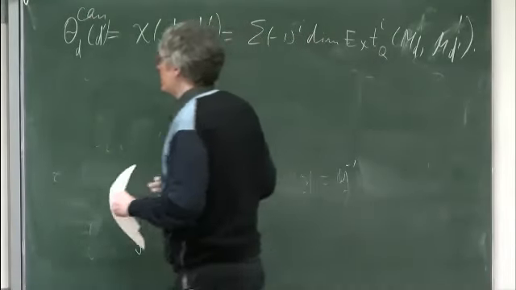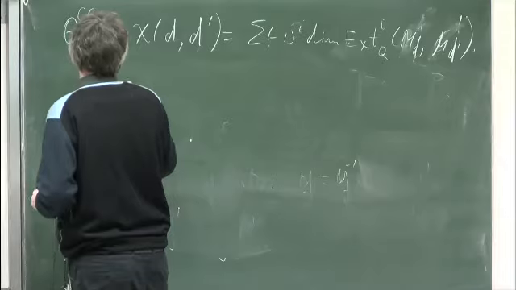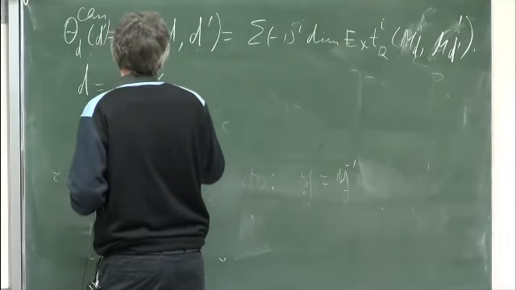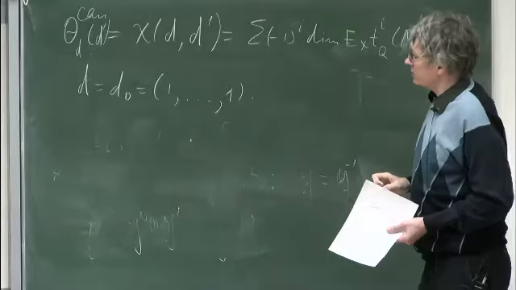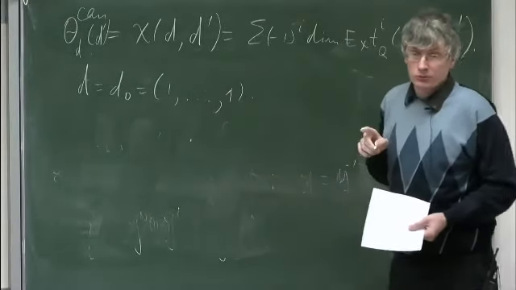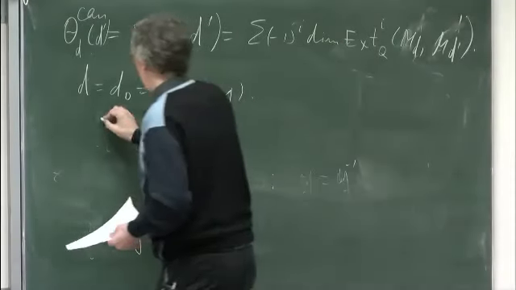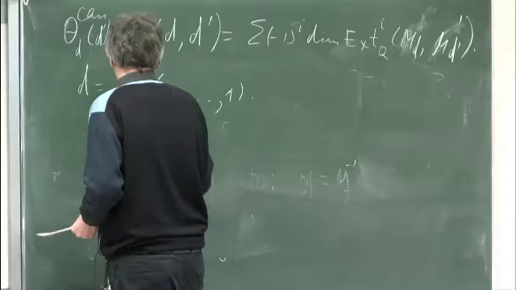Now I choose a particular d. D will be d0, and this is just the dimension vector which is just 1 for every vertex. And then the corresponding variety M theta d0.